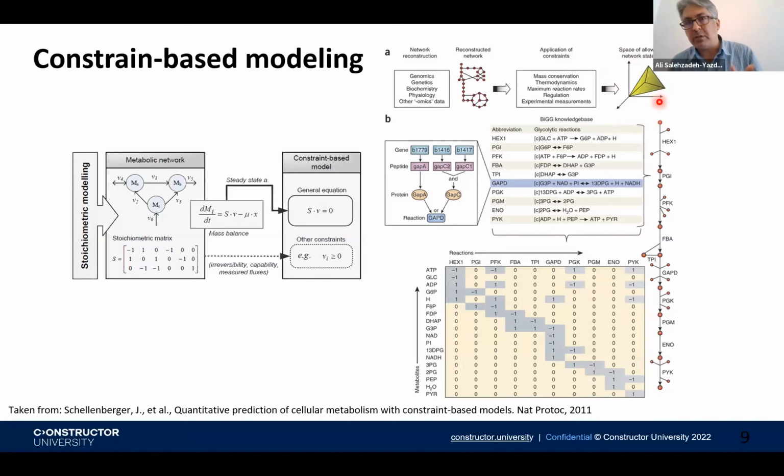It depends on the investigation you are doing, but in most cases we use biomass as an objective function, optimizing it to see how the cell grows. And if this function goes to 0, it means that the cell is dead. But we can find a point that indicates the optimization of the objective function in this solution space.